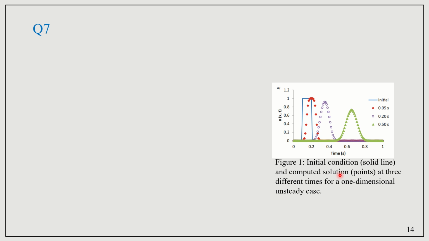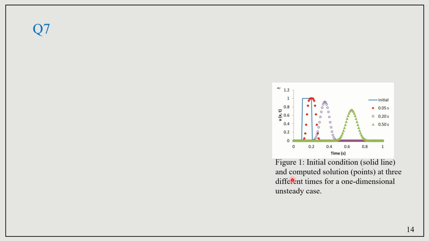So what happens is that the initial condition, this solid blue line, is the initial condition, and the computed solutions, these red, violet and green points, are the computed solutions at 3 different times. So it is at the 0 condition, and at almost 0.1, 0.2, and almost 0.5.